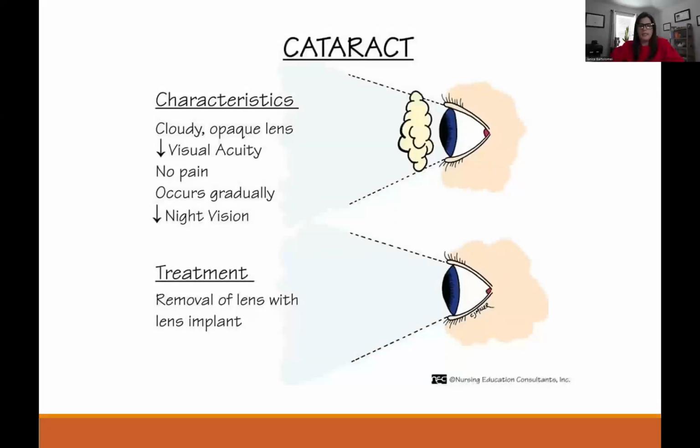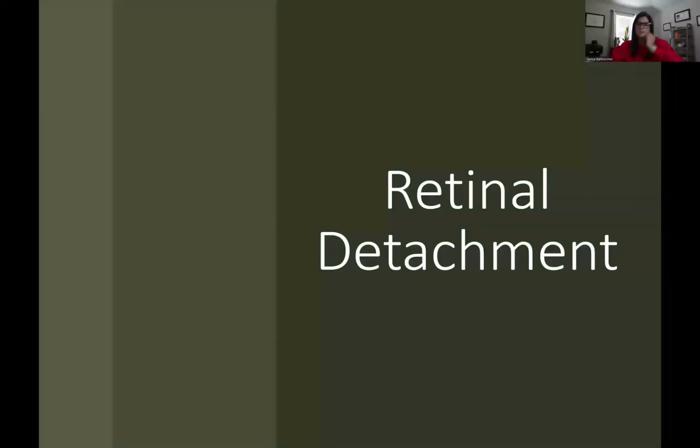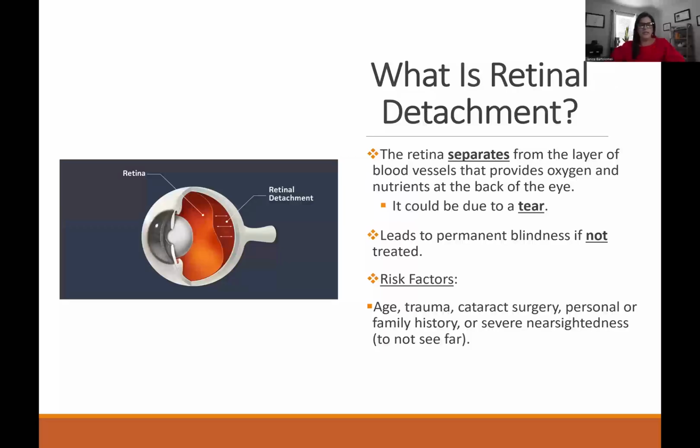And then the next visual problem is retinal detachment. Retinal detachment involves this layer that we have in the back of the eye that is the life of the eye in a way. It provides blood, oxygen, nutrients, and if it detaches or tears, then it leads to blindness.